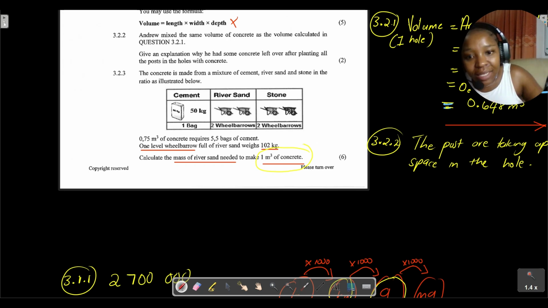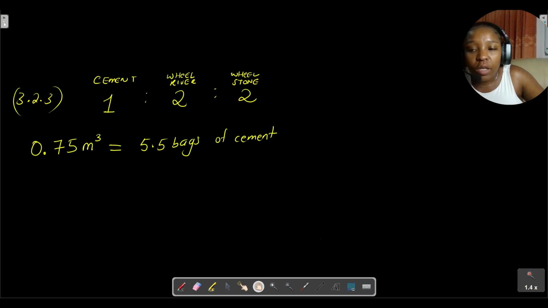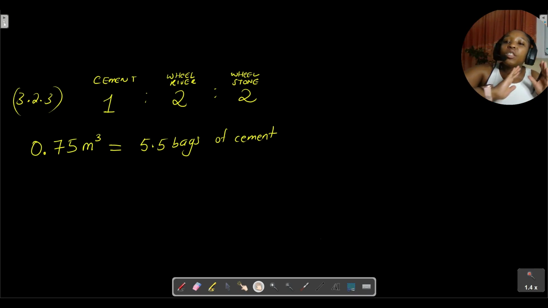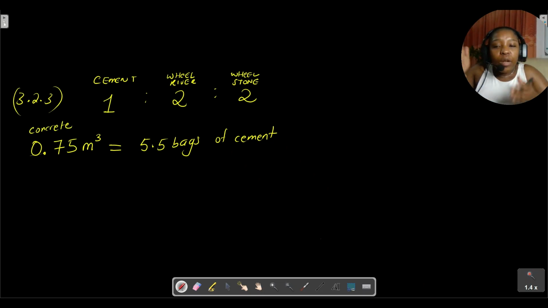From the statement given to us, 0.75 meters cubed of concrete is equal to 5.5 bags of cement. We now want to determine how we can make that 0.75 meters cubed of concrete into 1 meter cubed.